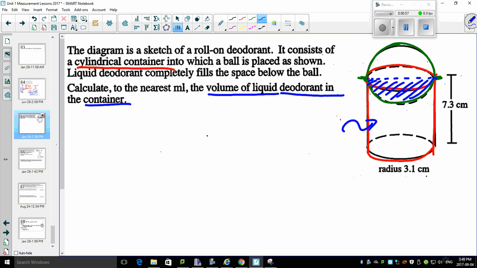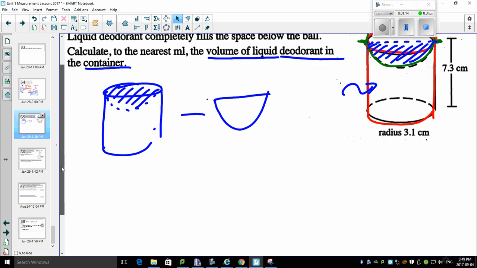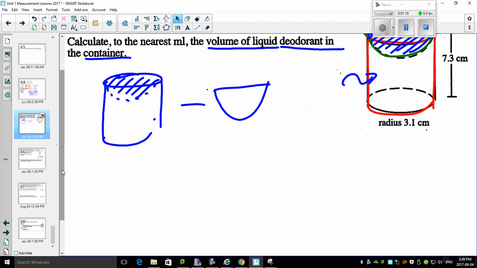So you have to figure out the cylinder first, then take away the volume of the hemisphere. So we're going to have to subtract. We have two calculations to figure out. First things first, let's find the volume of this cylinder.